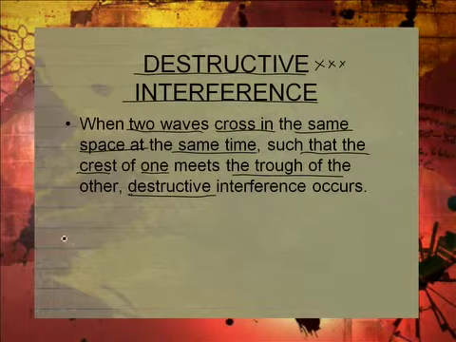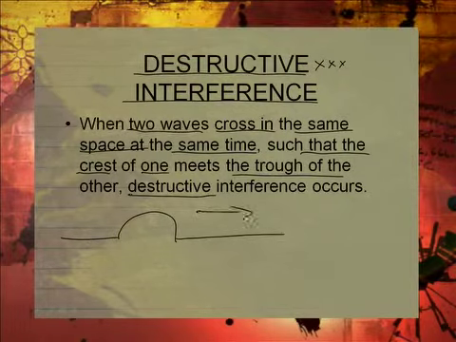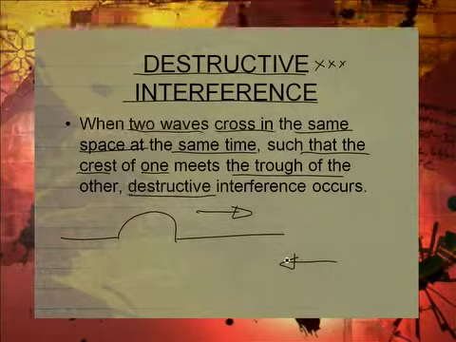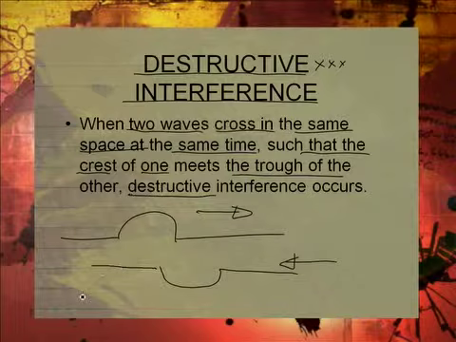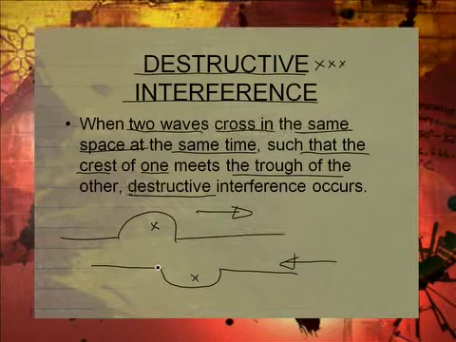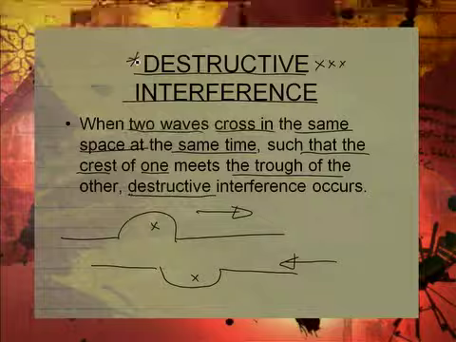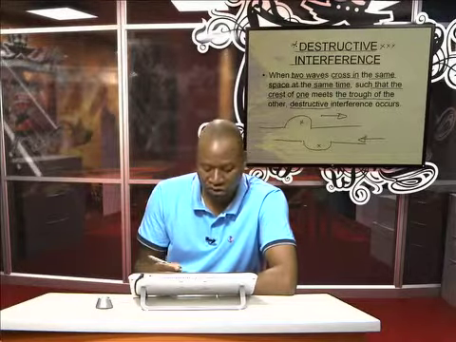Now here it's situations like this. This one going that side, and another one going this side, and we're talking about a trough there. At the point where the two meet, they are going to interfere destructively. In other words, they are going to reduce the amplitudes of the crest or the trough.